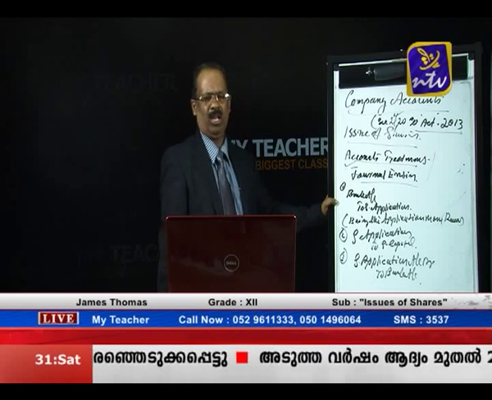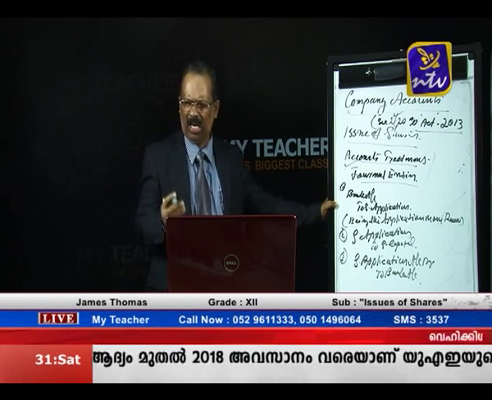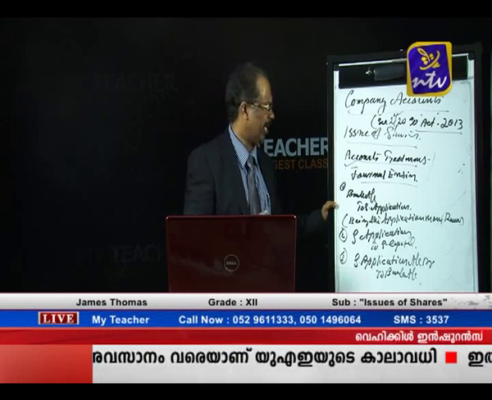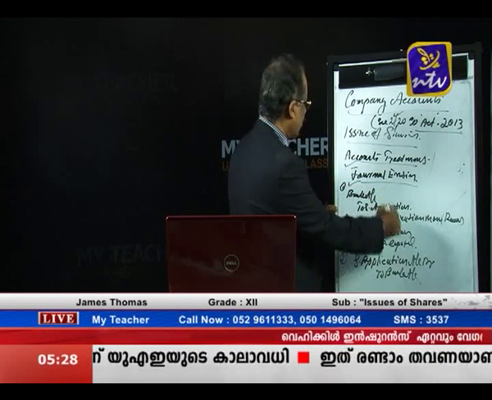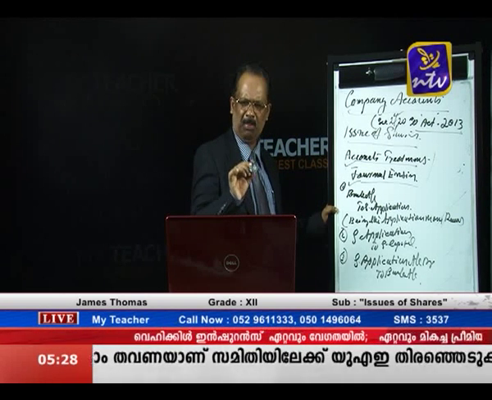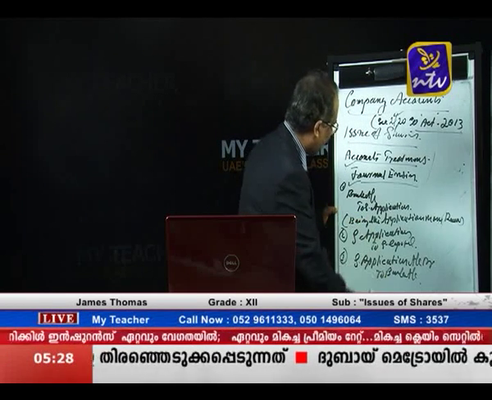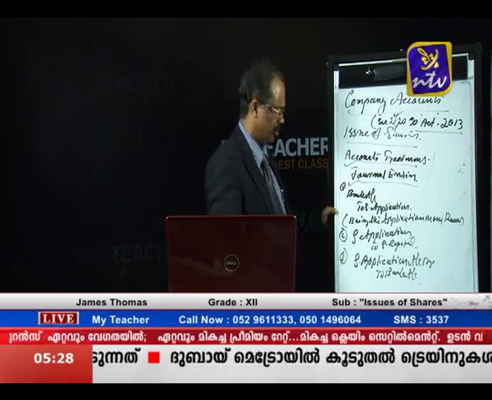Once again, when we issue the application and collect the application money, our journal entry is bank account debit to share application account. The second entry, when share application money is transferred to capital, is share application account debit to share capital account.